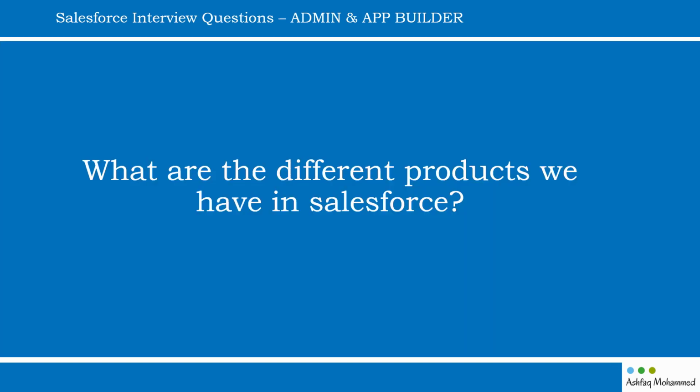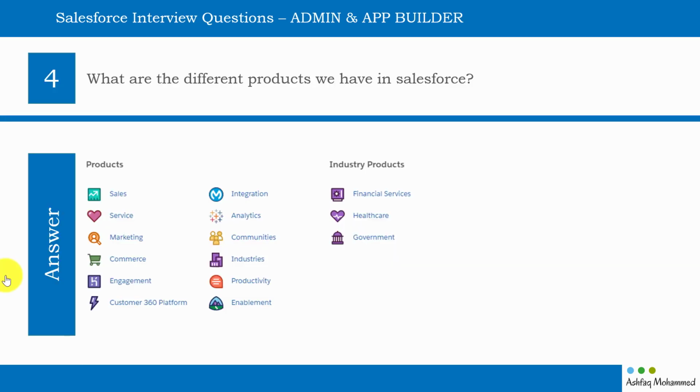The next question is, what are the different products we have in Salesforce? As I said, Salesforce is having multiple different products. So let's see what are the different products Salesforce is having. Initially Salesforce started with a CRM wherein they have sales and services, but now in the recent past they have developed many softwares, many products internally, as well as they have acquired many other softwares throughout the years.